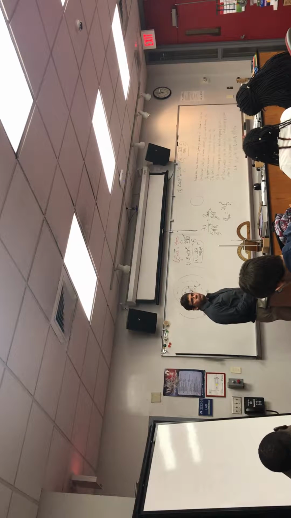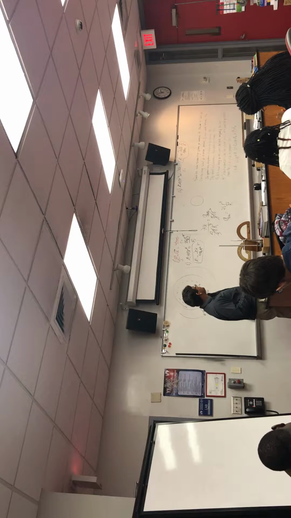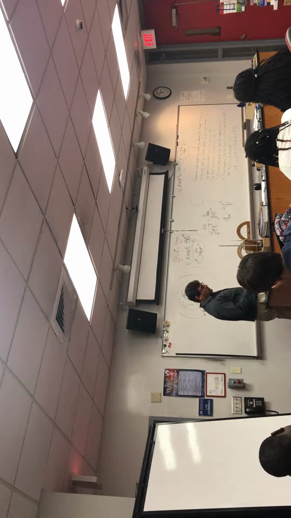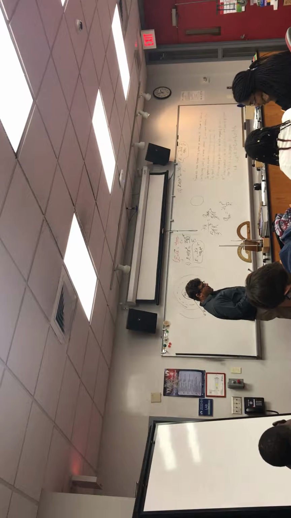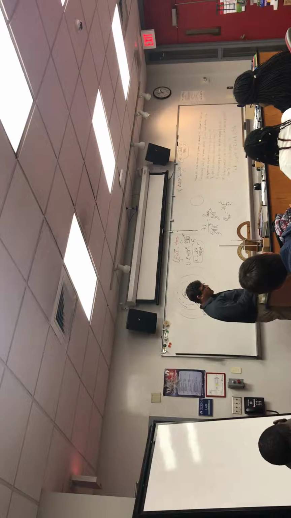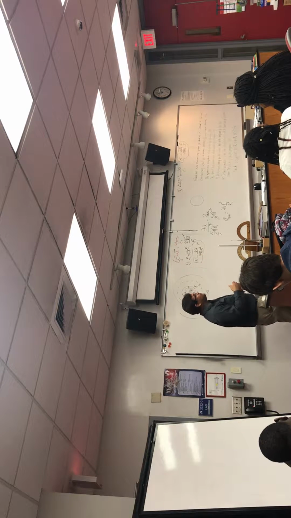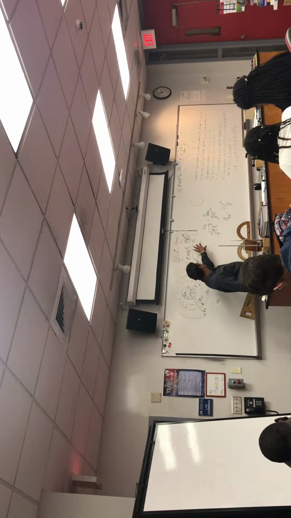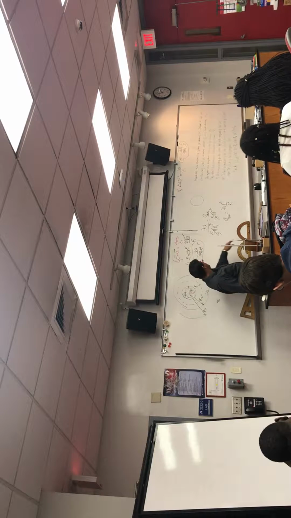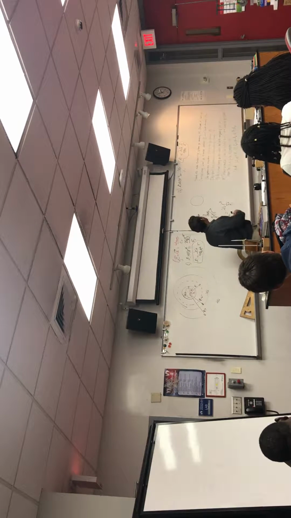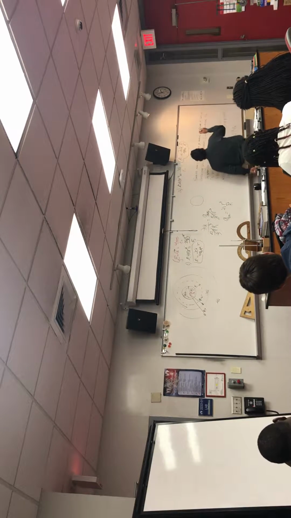Wait, how do you get a 1 over R squared? Is that a 1 over 4 pi epsilon 0 R squared? I separate the function. You see, I did it. Put the constant on the function.